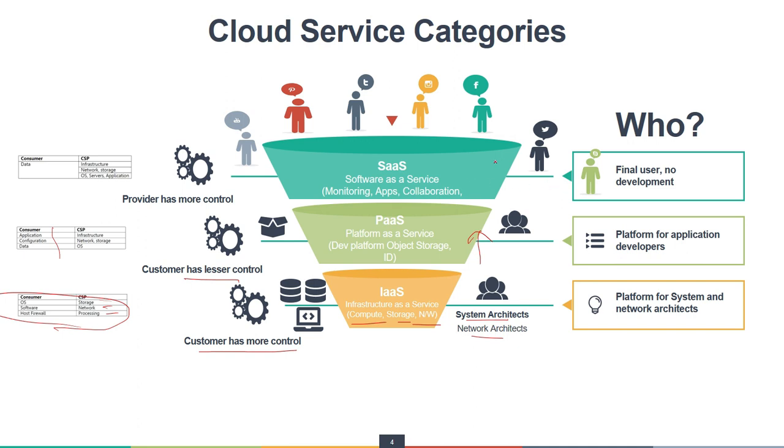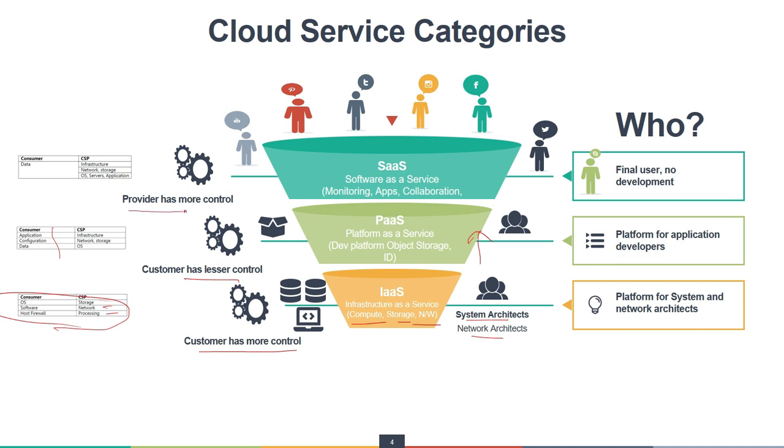Let's take the example of YouTube, Twitter, Instagram, Facebook, etc. These are all users, and everything is hosted in the cloud, and you just use and access these services using a thin or thick client through your mobile phone, your desktop, etc. And everything is hosted in the cloud.